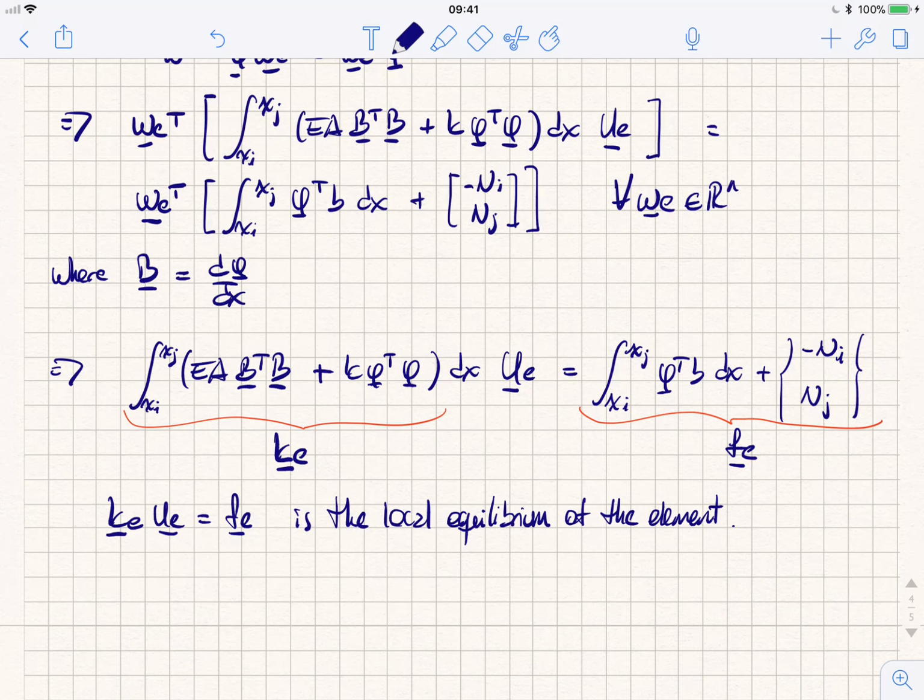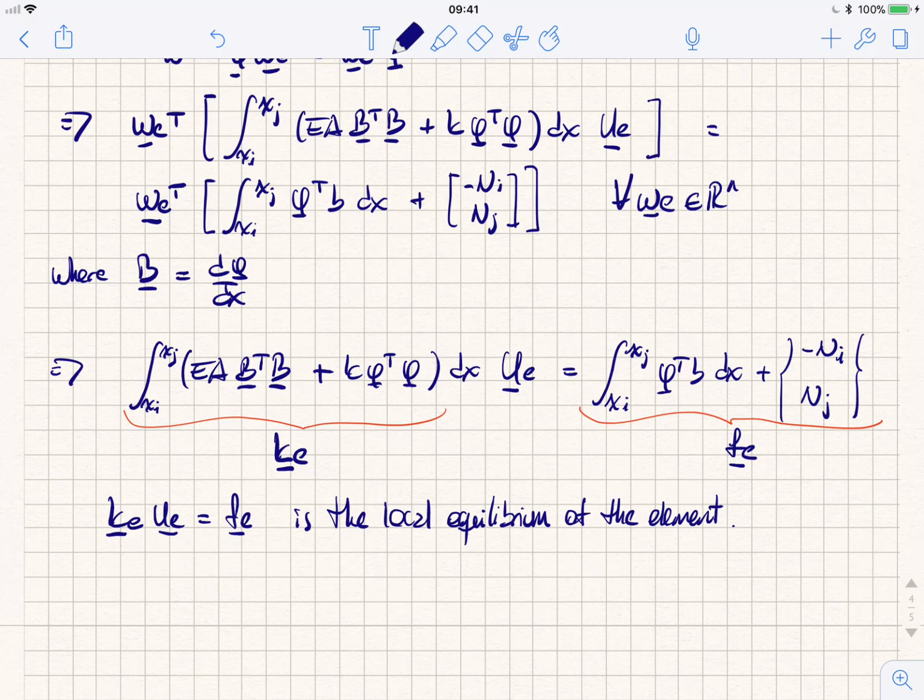So you have local stiffness matrices for all the elements, and then you have the local force vectors for all the elements. And when you combine them, and this combination is normally called assembly in finite element terminology, when you assemble all these local arrays into your full or global system of equations, then you obtain the behavior globally.